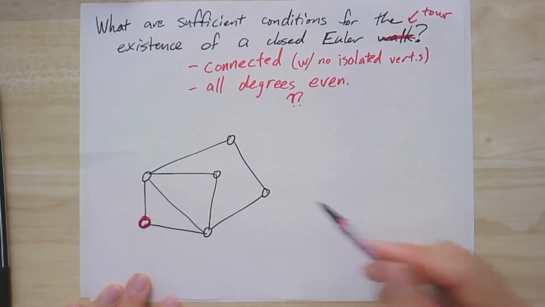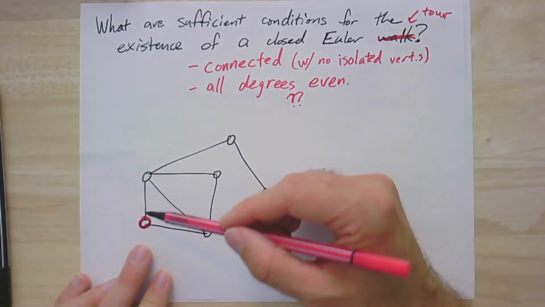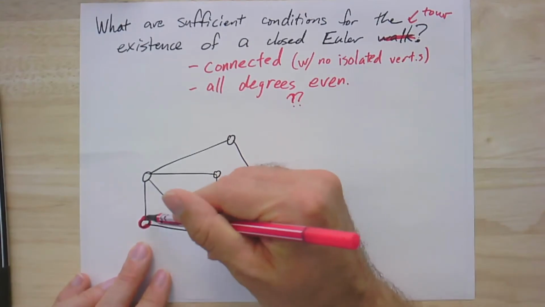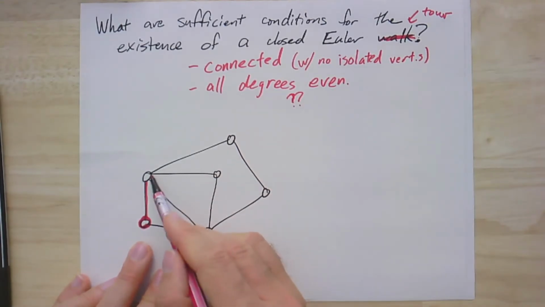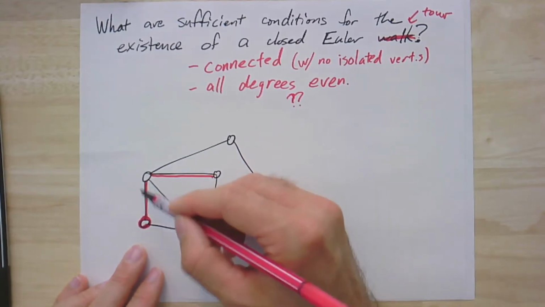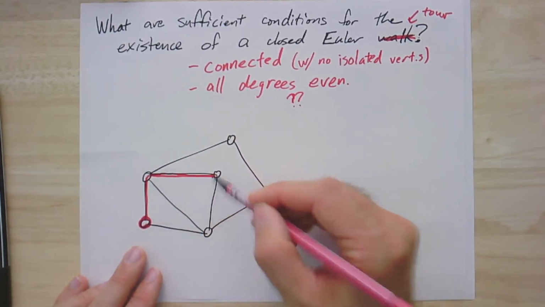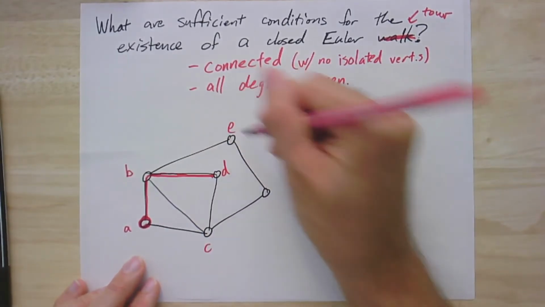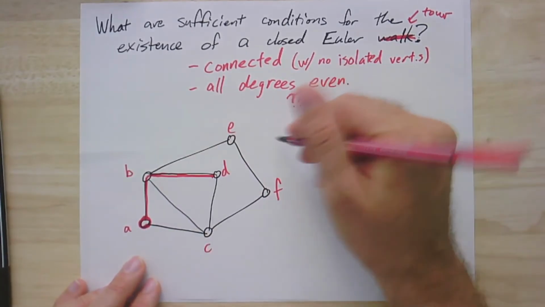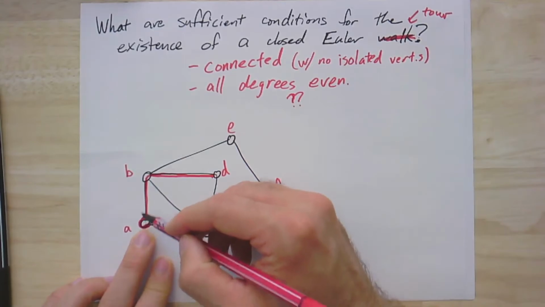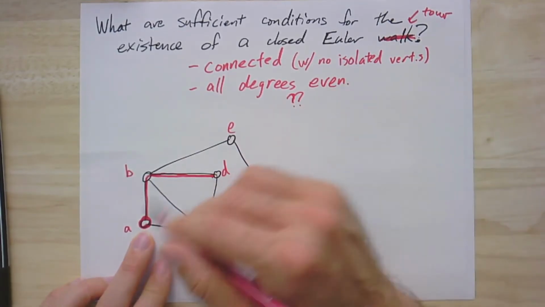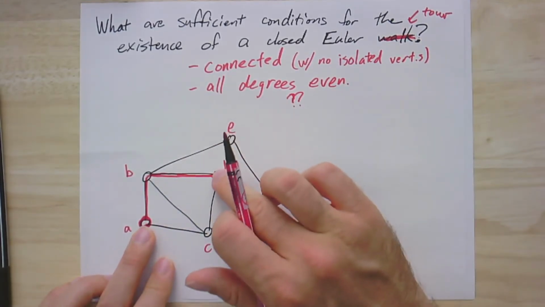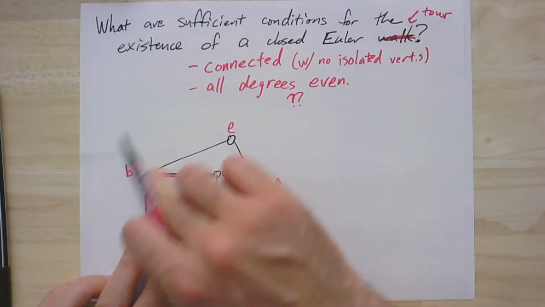At least if I just want to be greedy about it, I could just start at a vertex, and if I go in and then out, right, so here's my walk. Let's label these A, B, C, D, E, F. So I'm building up my walk, and I go, okay, A to B to D, and as I remove these, I went through B. It had degree 4.